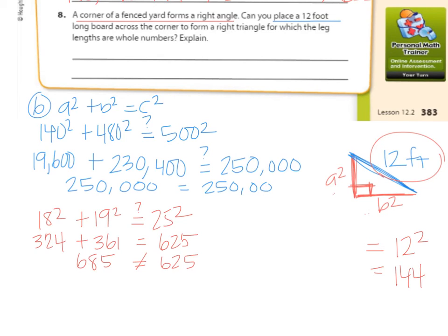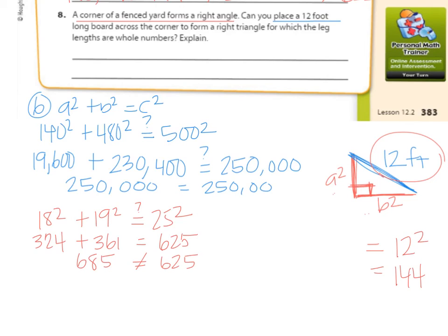Let's try something bigger. Let's try 5 squared and 9 squared. 5 squared would be 25. 9 squared, 9 times 9 would be 81. Oh, we're getting closer. 25 plus 81 is what? 81 plus 25 is 106. So we're getting a little closer, but still not at 144.